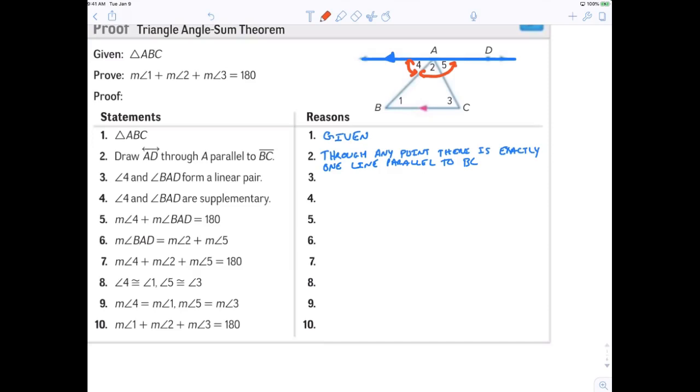And that, of course, is just the linear pair postulate. Actually, sorry guys, it's the definition of linear pair.